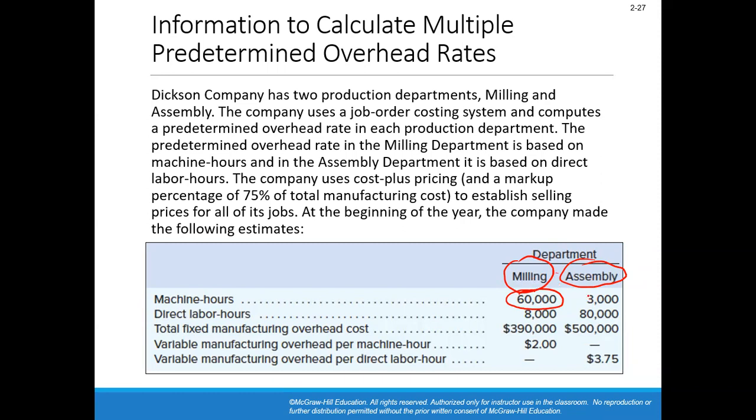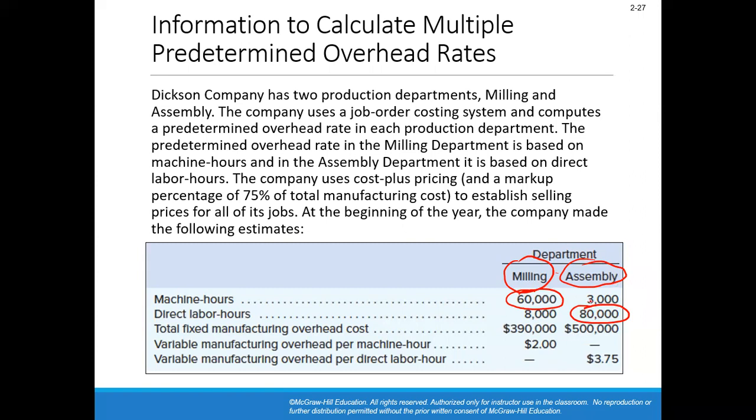But in the assembly department, the labor hours are dominating. Machine hours are obviously present, but in the assembly department, only 3,000 machine hours are used. It is for the whole year, not for a particular job.